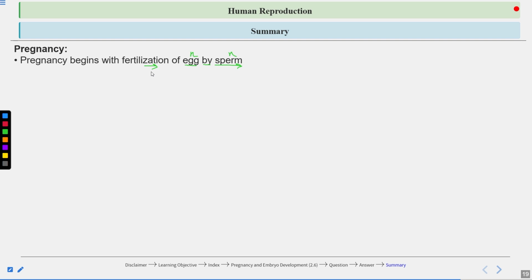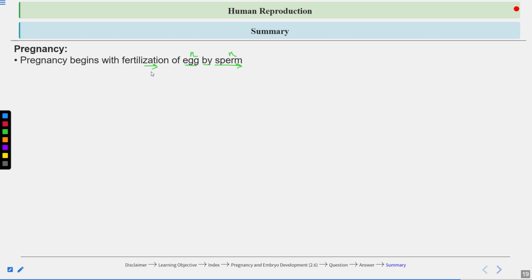So these have to be eliminated. Otherwise, it can be toxic to the embryo. So placenta helps in removing these toxins also, as well as carbon dioxide. Clear? Now placenta, you can say, is connected to the embryo through the umbilical cord.